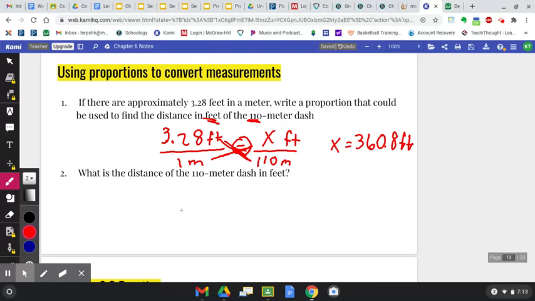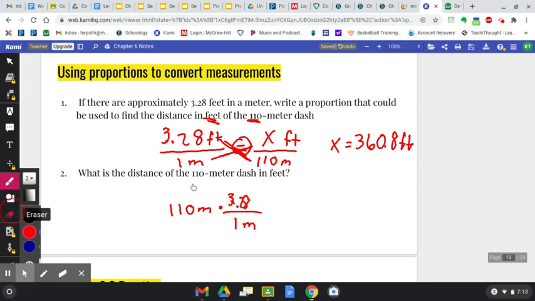Now let's talk about what we did yesterday, right? So yesterday we would have had 110 meters. And we would say, okay, I'm trying to get rid of meters. And I know that there's 1 meter in 3.28.